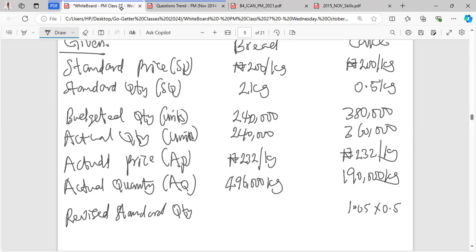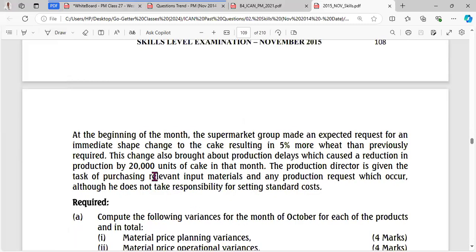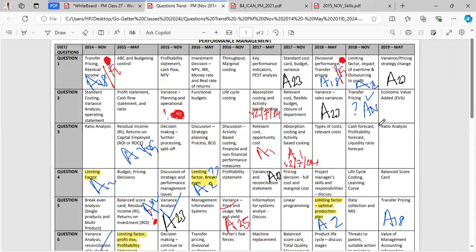Okay. Then let's look at what else. This change also brought about production delays, which caused a reduction in production by 20,000 units of cake in that month. So you can see why we budgeted for 380 and the actual was 360.